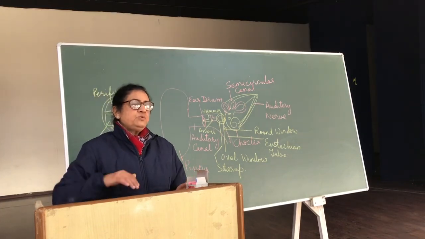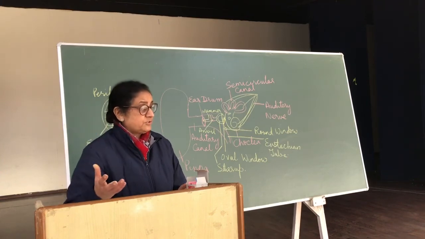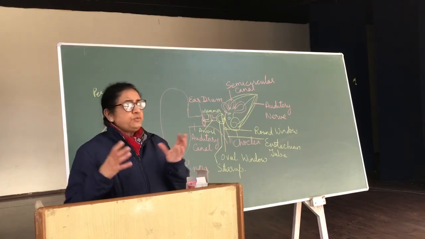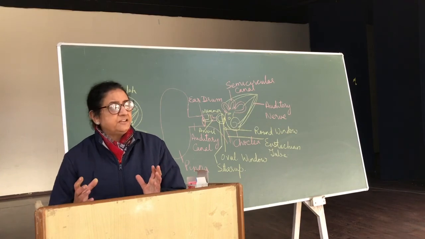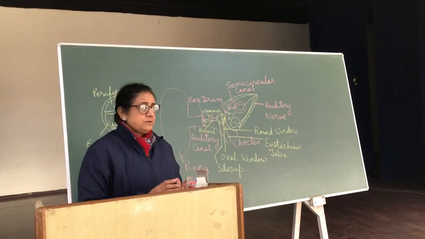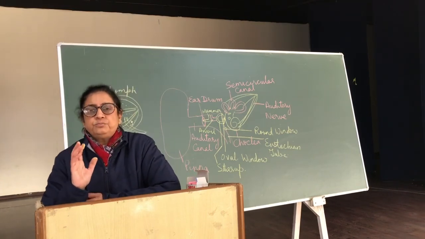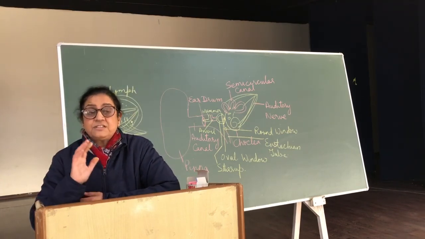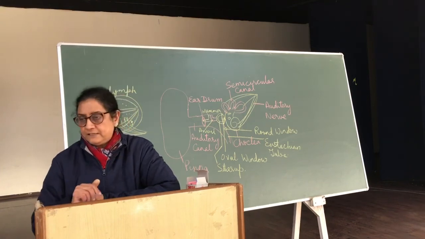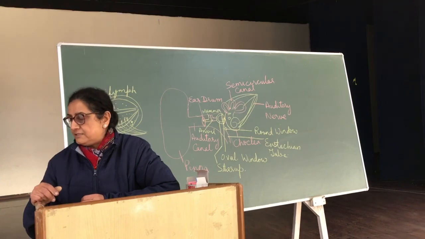Because when you were going round, the fluid was in fast motion. And when you come down and you stand, it takes time for that fluid to become stable. It is still in motion though you are standing. And that is why the balance is not maintained.